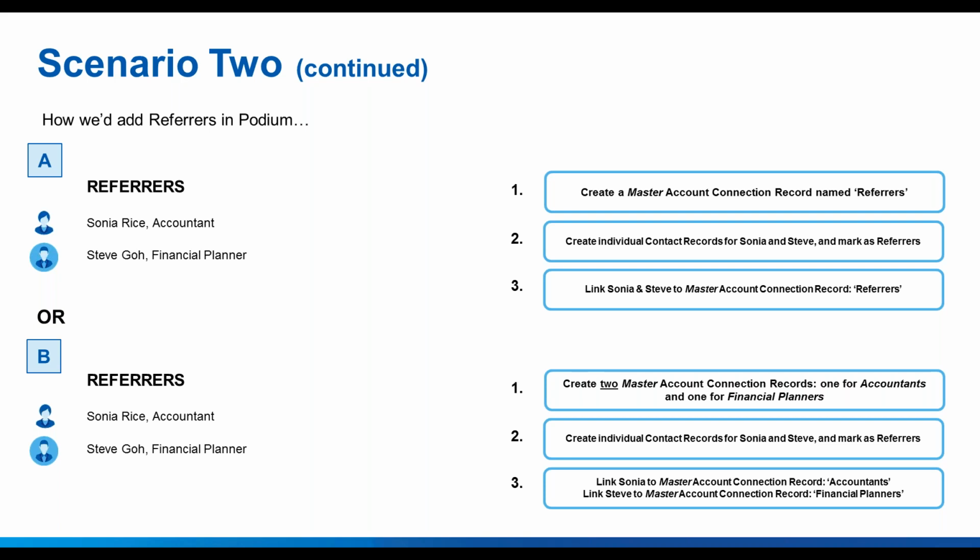We'd go into clients, we'd create 2 new master account connection records, and then we'd go ahead and create the individual contact records for Sonia and Steve, again remembering to mark them as referrers. And then when it comes time to link them to an account connection, for Sonia, we would look for and select accountants, whilst for Steve, we would look for and select the master account connection financial planners.